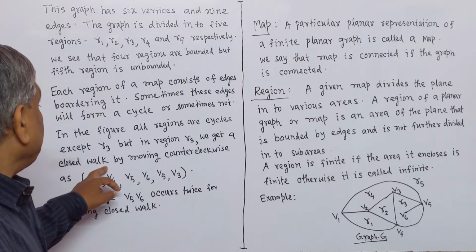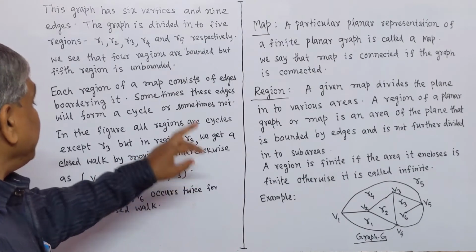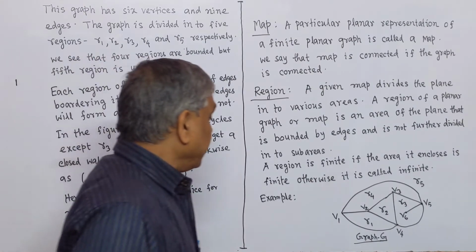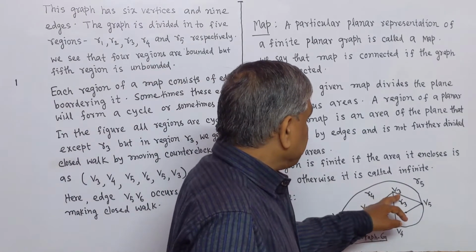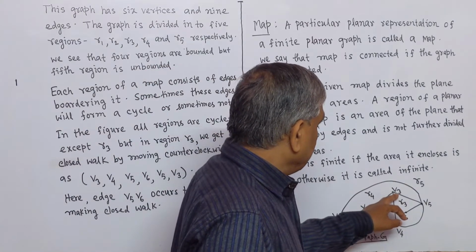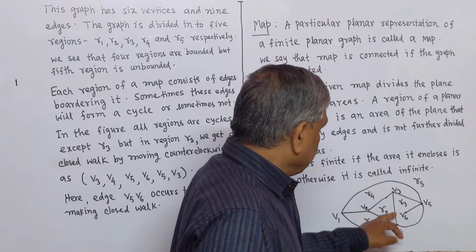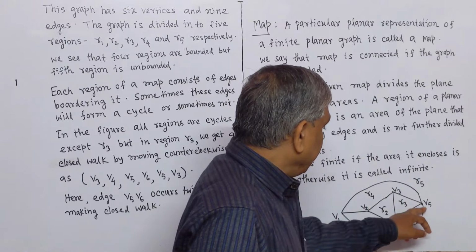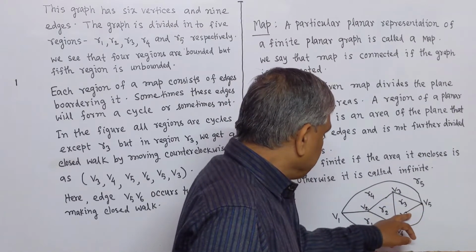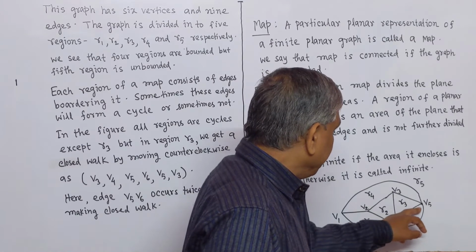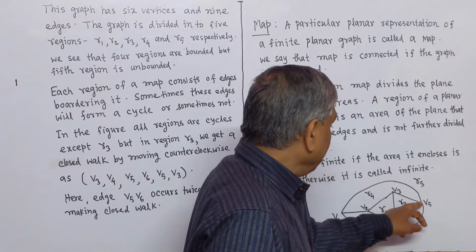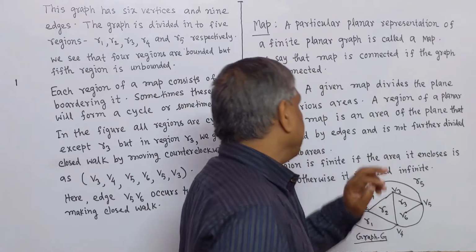This closed walk moves counterclockwise, as here we start from V3, then V4, then V5, then V6, then again we return back to V5, then V3.